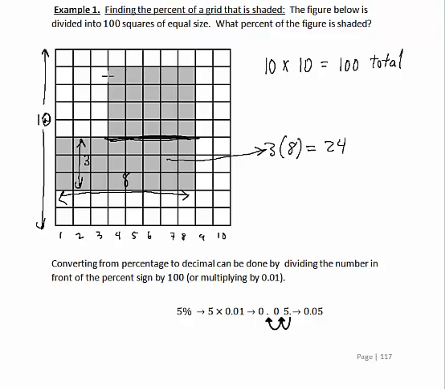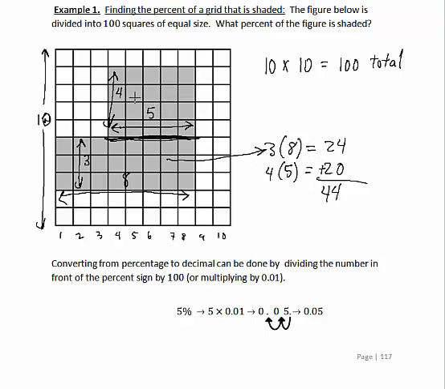And then I'd want to add this top piece that's shaded, and it is, let's see, 1, 2, 3, 4, 5 cubes wide, and it is 4 cubes high, so that's 4 times 5, and that gives me 20. And then I just simply add them together to get 44 shaded cubes.